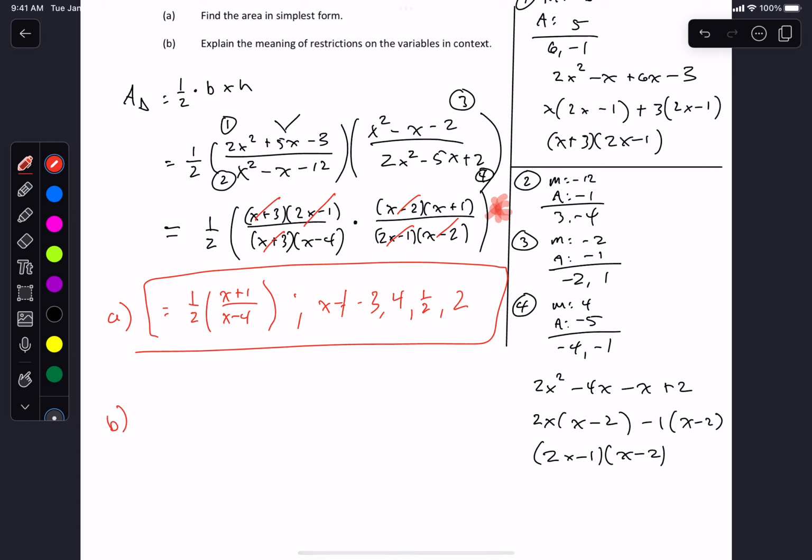Now, question B, I don't need to write anything. Explain the meaning of the restrictions on the variables in context. So obviously we know that they are values of x that break the equation, in that the denominator then becomes 0. Okay, but what does that mean in context to the area of the triangle?